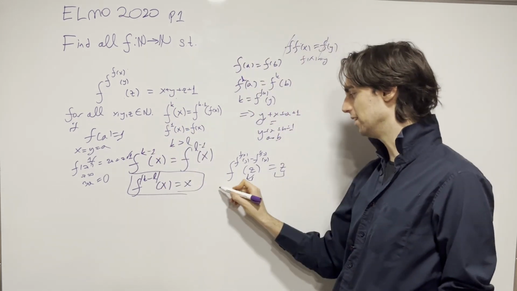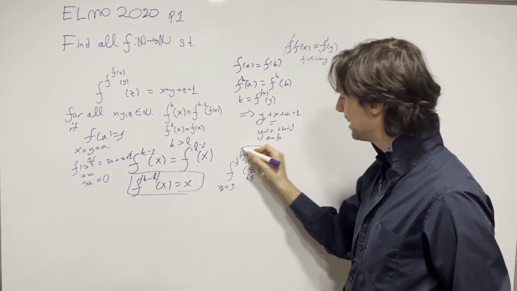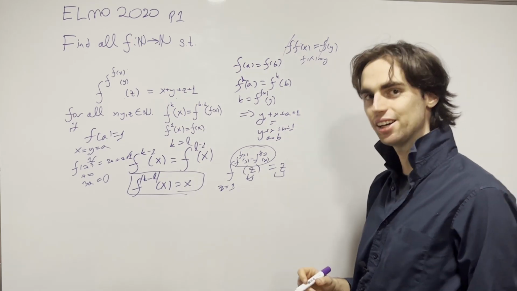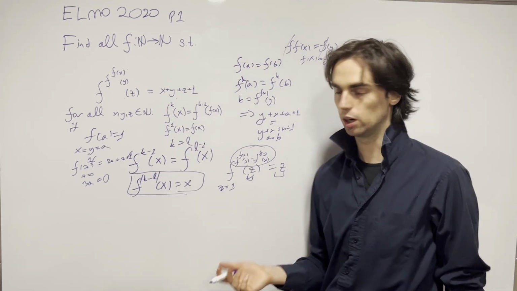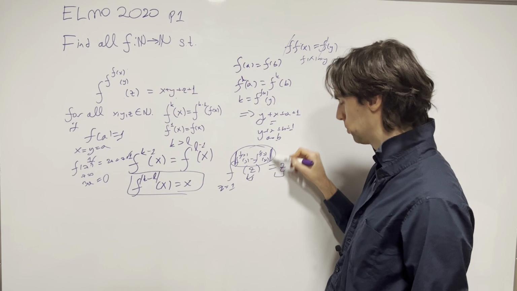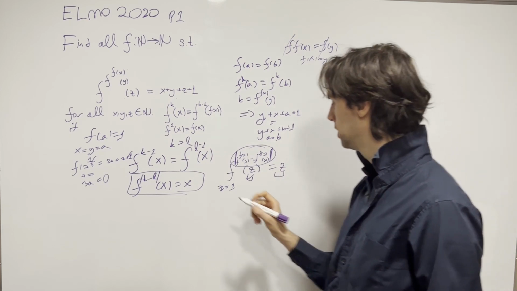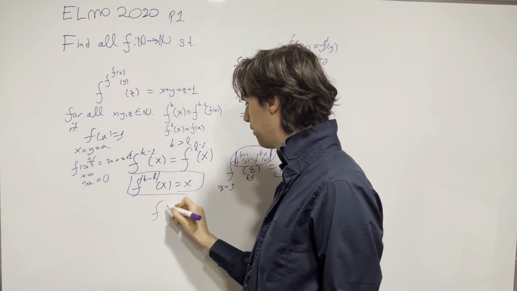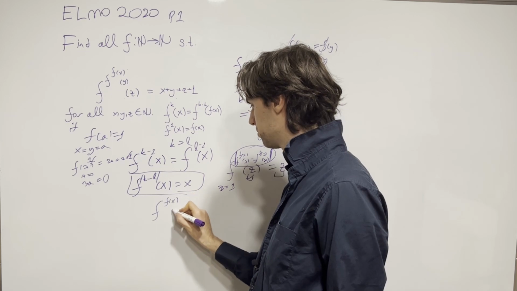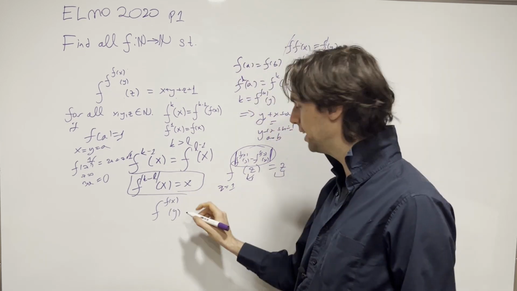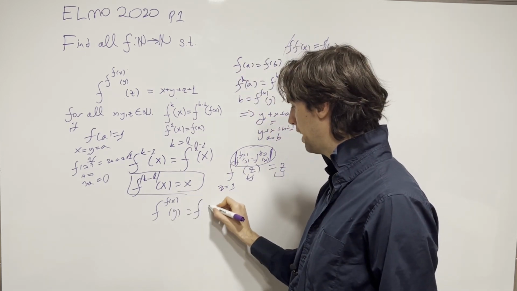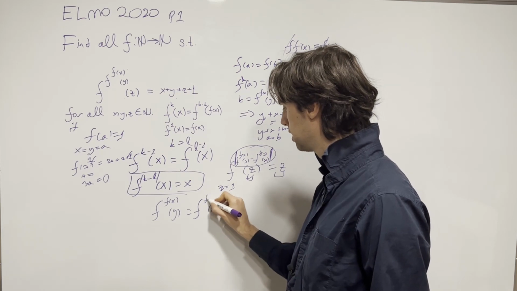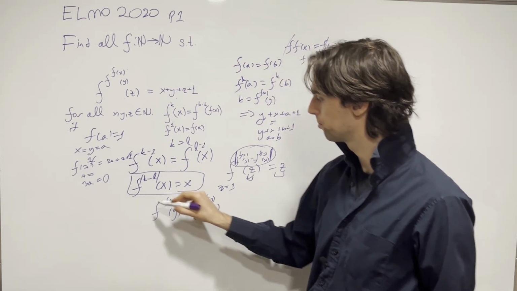So plugging in here, z equal to 1, that gives us this thing up here. It can't be greater than 1, right? This thing cannot be greater than or equal to 1, the absolute value. So we have that f(y) applied f(x) times is equal to f(x) applied f(y) times.